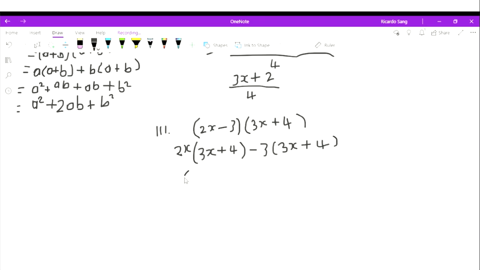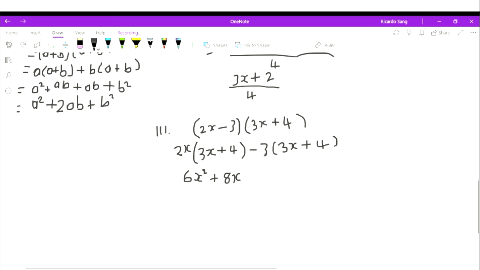3 2s are 6. That will be 6x, and x times x gives you x squared, so that will be 6x squared. 2 4s are 8, so that will be plus 8x, only one x, so we don't square it.